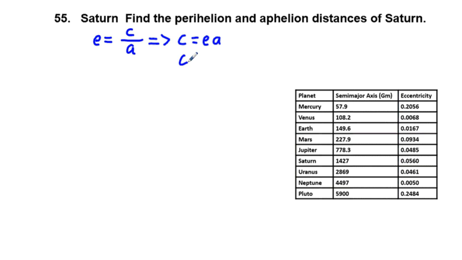For Saturn, C is equal to 0.056, which is E, times A, and A is going to be 1,427 gigameters.